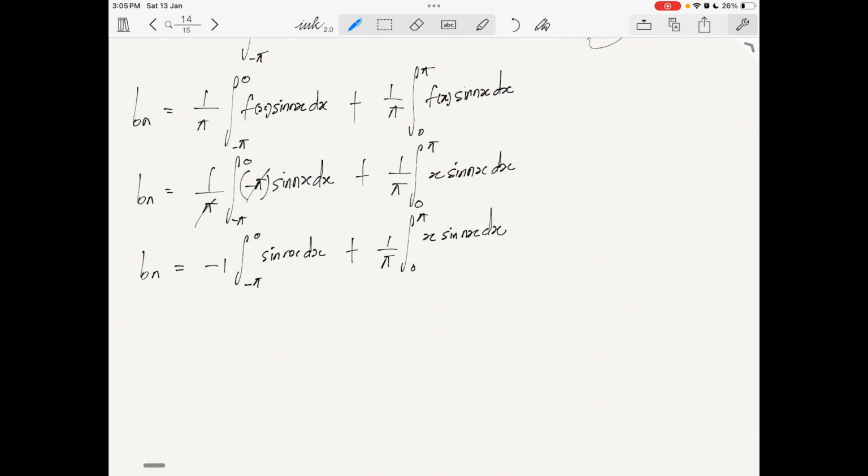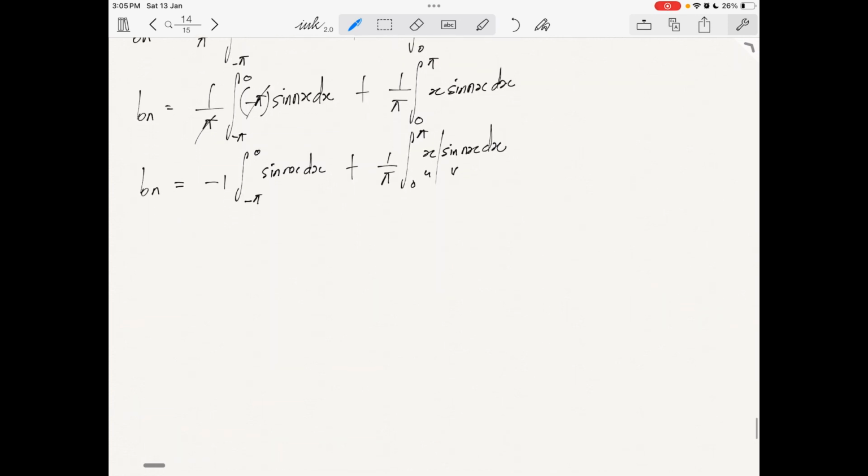So now we apply also the uv method, where we say integrating uv will be equal to u v1 minus u prime v2 plus u prime prime v3, and it continues. And we know that our u is x and our v is sine nx.